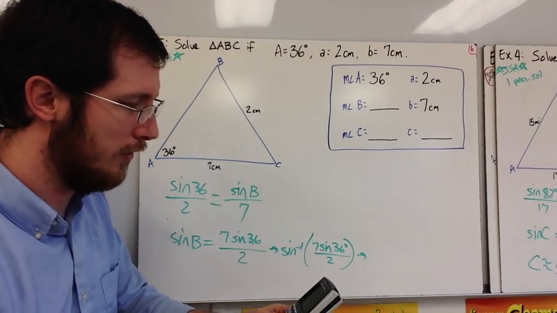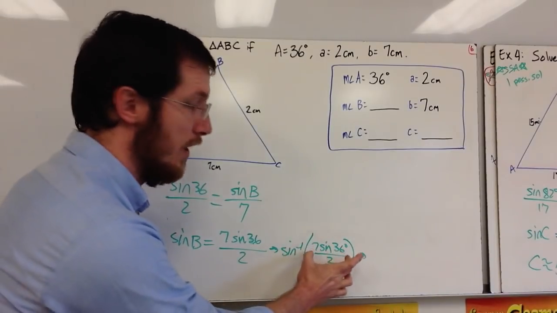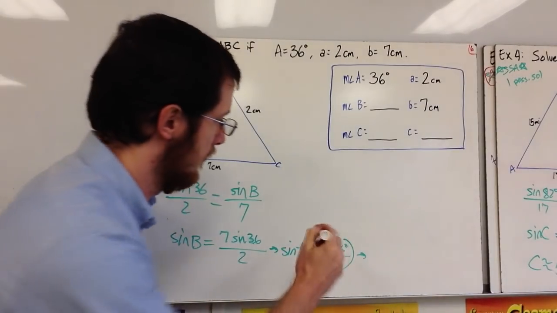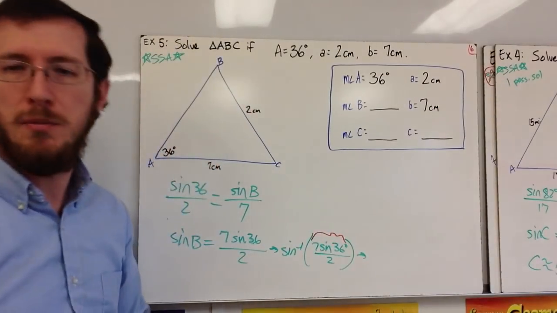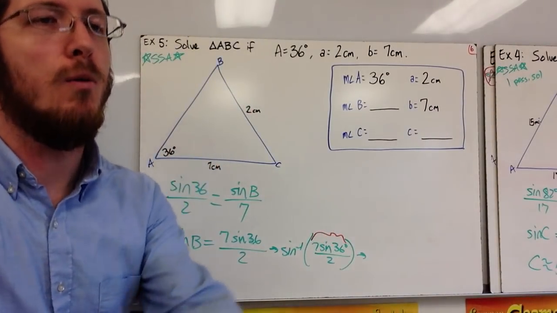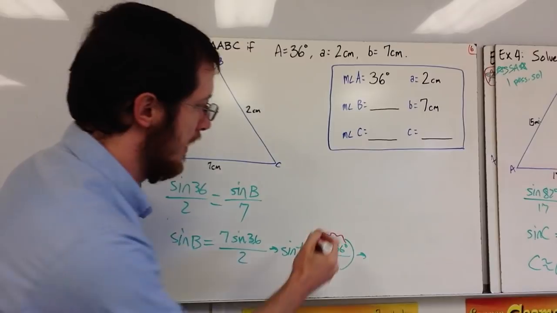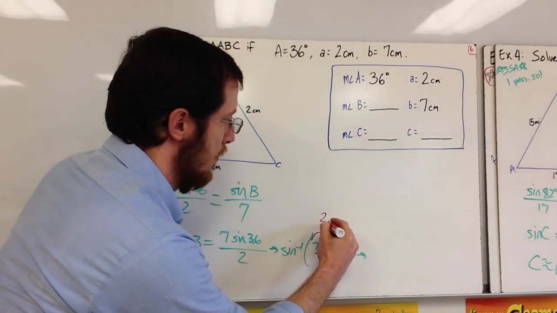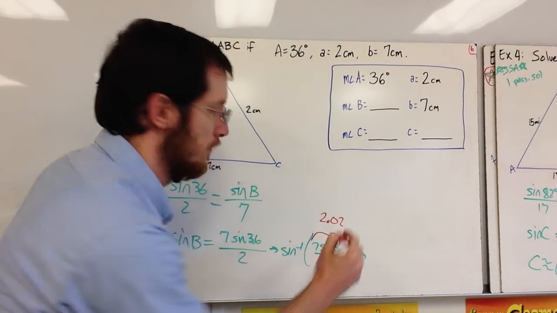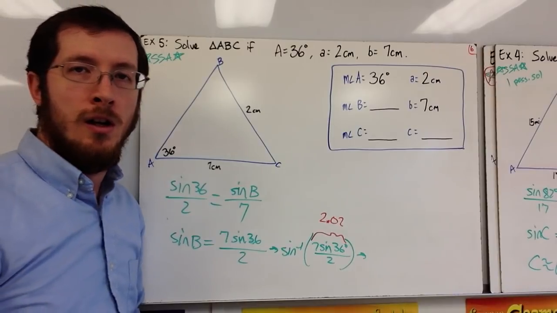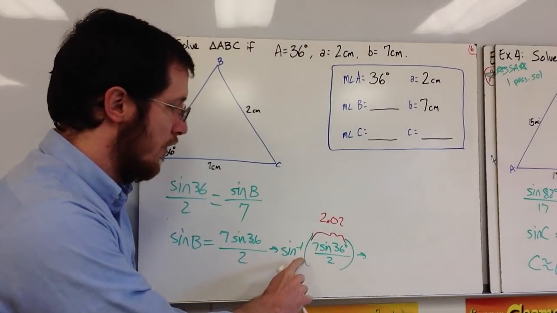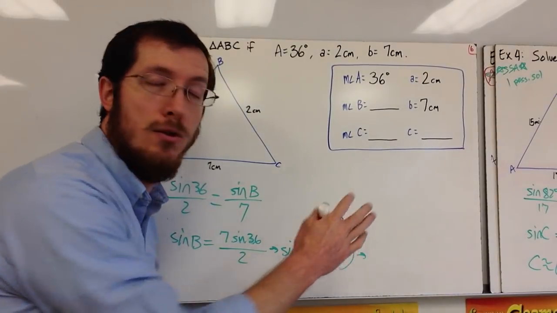Well, if we go and we find out what this is equal to, okay, if we just put that part into our calculator, we're going to find that this part is about 2 and some change. Okay, that's not okay. We're looking for the angle whose sine is 2 point something.